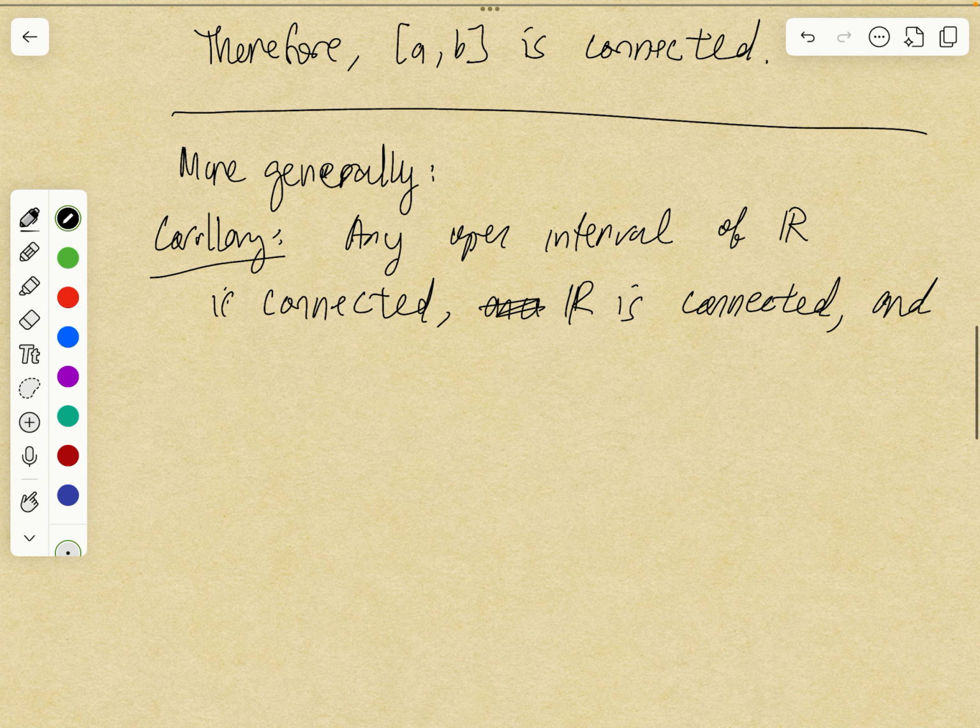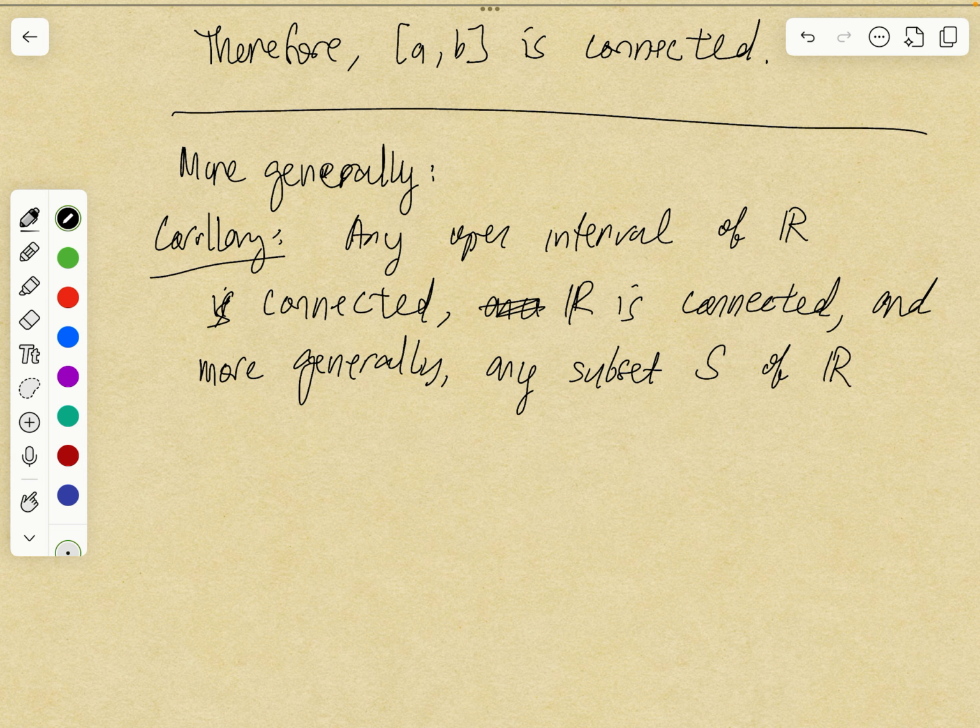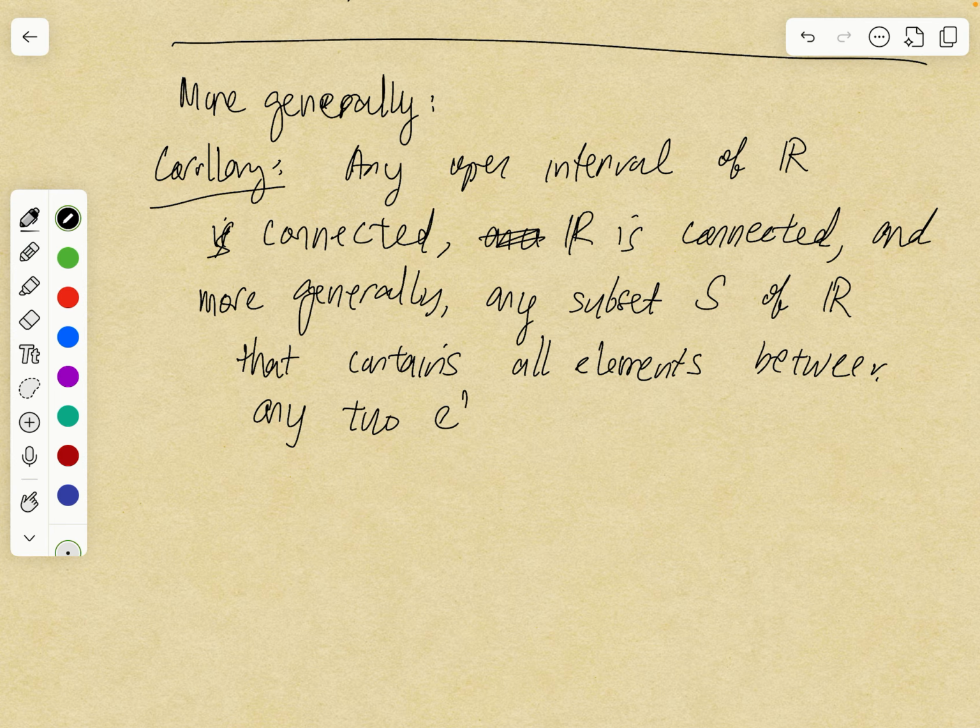And actually, more generally, any subset S of R that contains all elements between any two elements of S is connected. So for instance, every open interval has the property that whenever you have two elements in the open interval, it must contain all the points between those two elements. And the real number line also has this property.